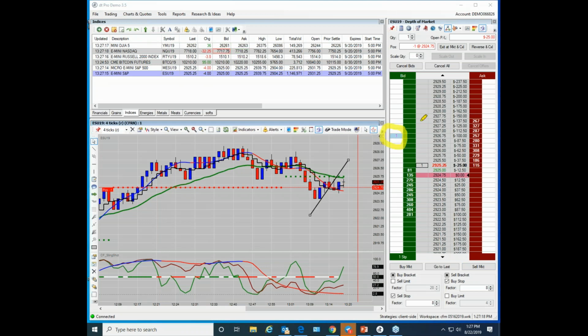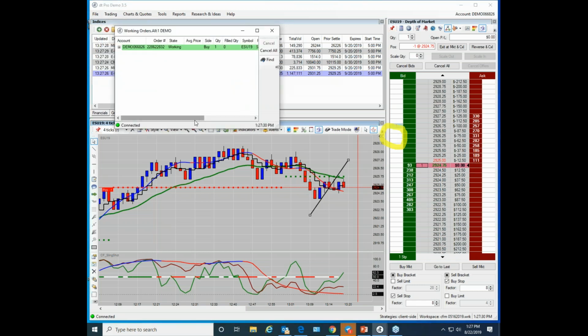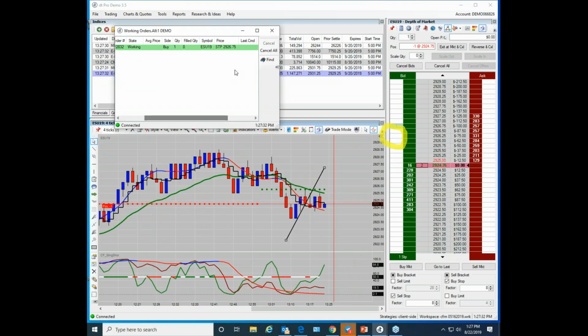Here's our stop loss right here. If I go up to here, and this spot should always be open in my opinion, my working orders here, there it is. That's a stop loss. It's the same one that's up here.